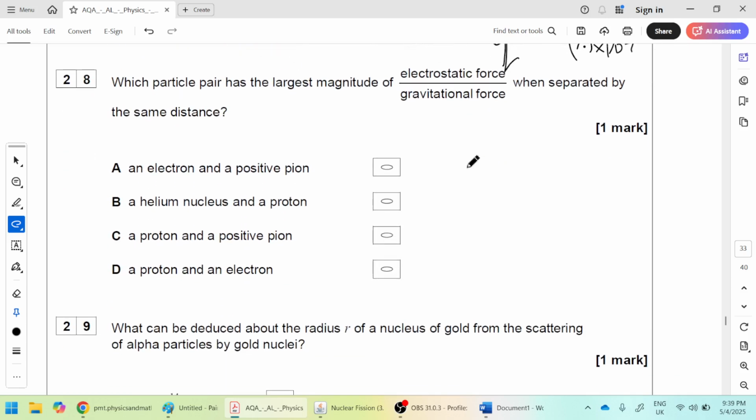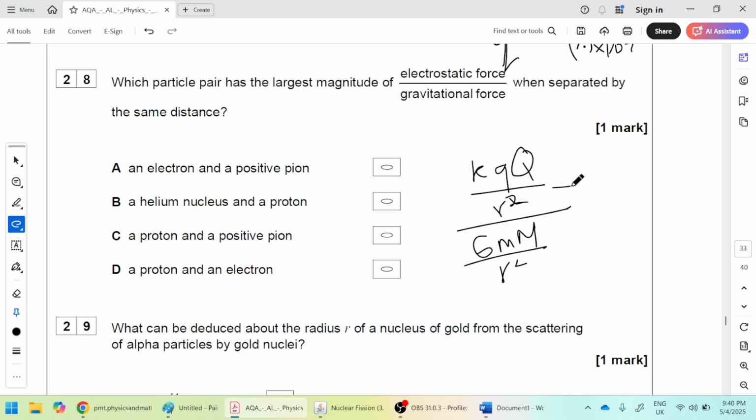Which pair of particles has the largest ratio of electrostatic force to gravitational force, when separated by the same distance? That is kQQ over R squared divided by GMM over R squared.